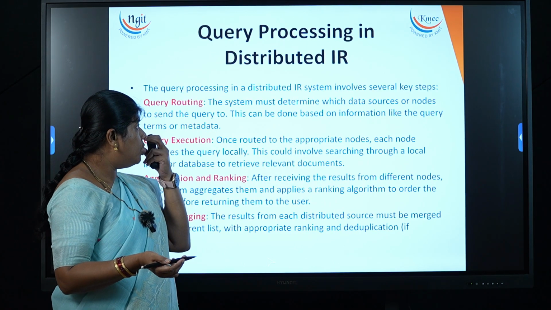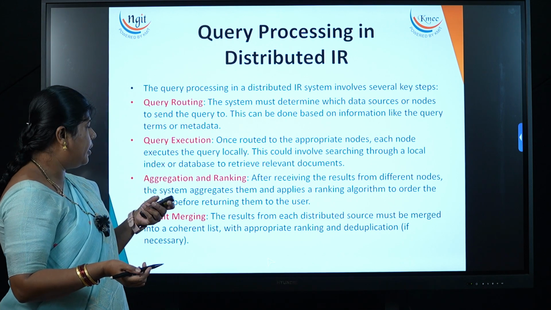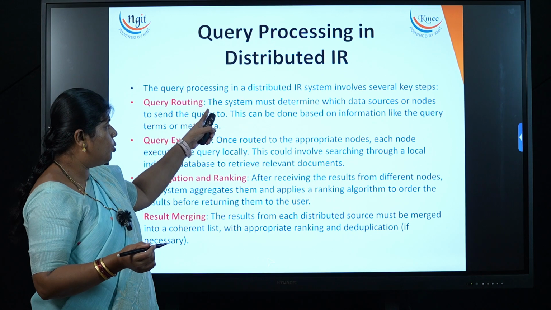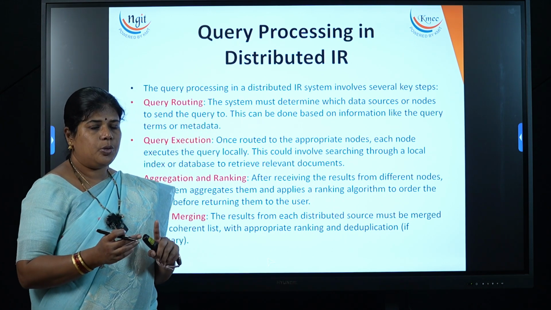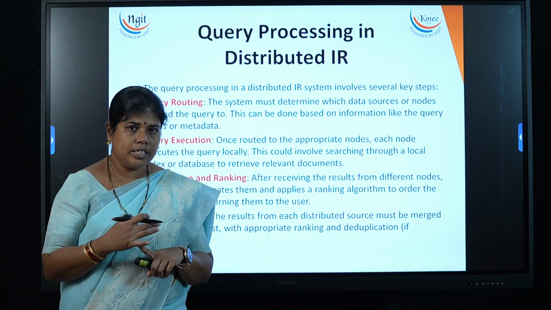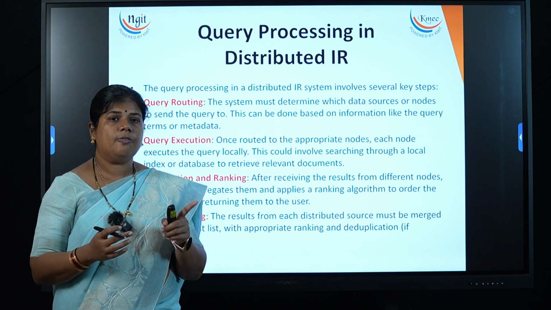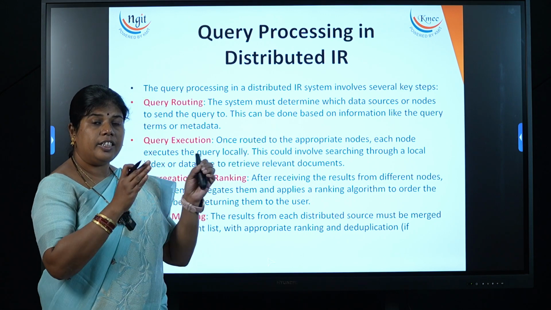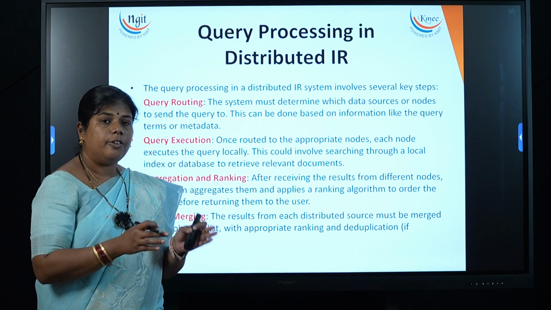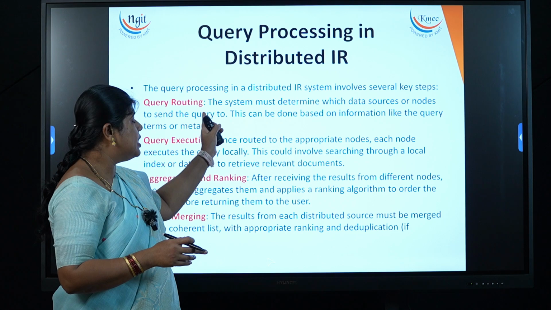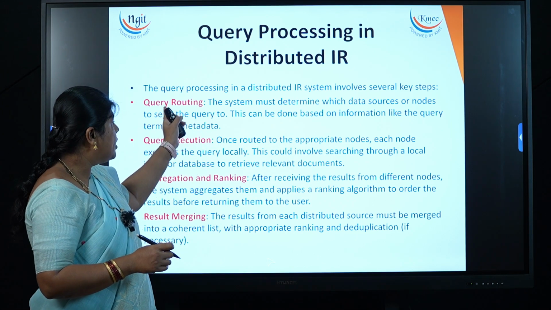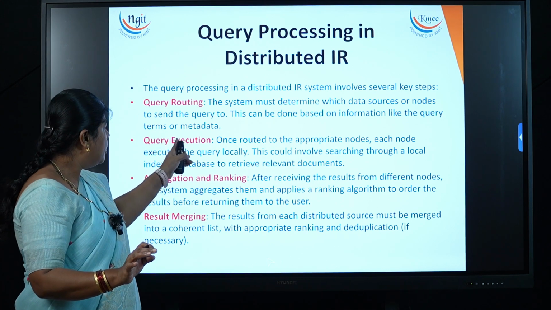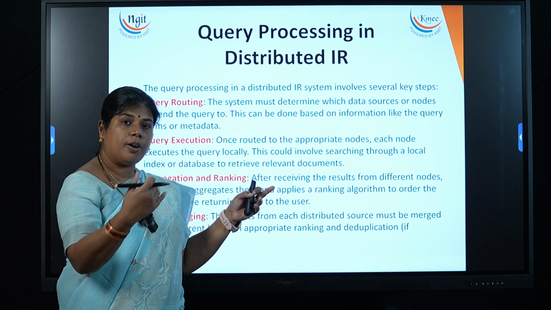Now, how will you process the query in distributed IR? The most important thing is query routing. Making use of either your centralized index or distributed index, your information retrieval system should be capable of identifying the shard, the partition, where the answer to this query is present. The query should be routed properly to that shard only, and then executed.